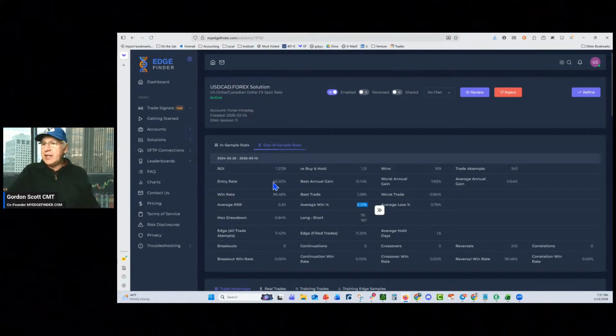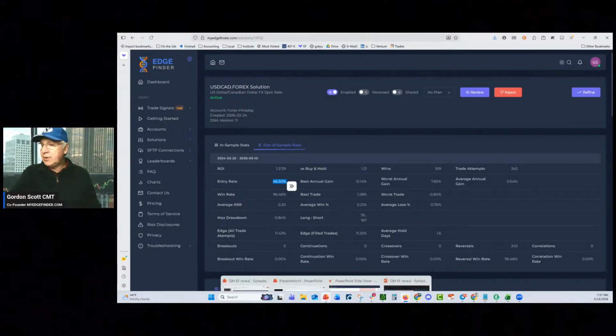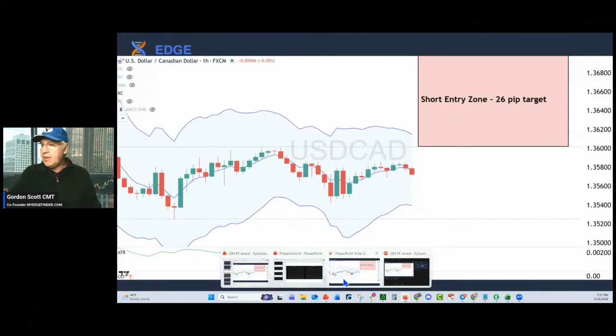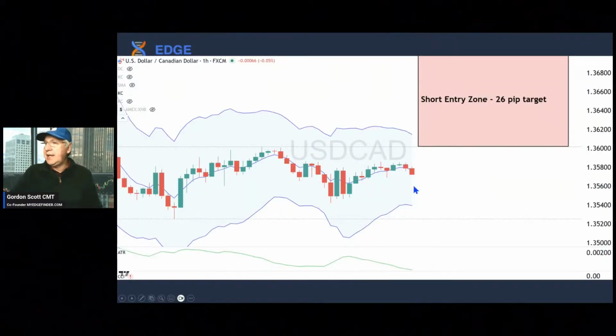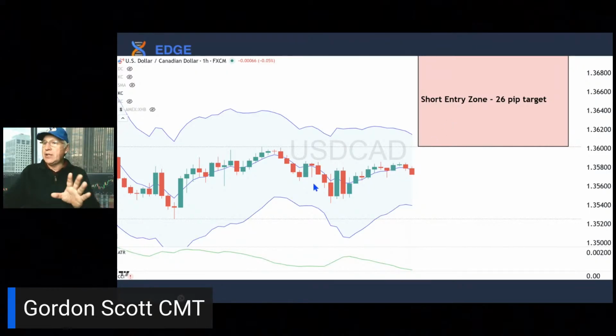The entry rate on this, I should point out, is 46.5%, which means just a little less than half of the time will the conditions of the trade actually fire off in such a way that it actually fills. And you see that here. Price is clear down here. In the next few hours, this is a 1 hour chart, by the way, right? Hourly chart. So in the next few hours, this thing would have to go up.